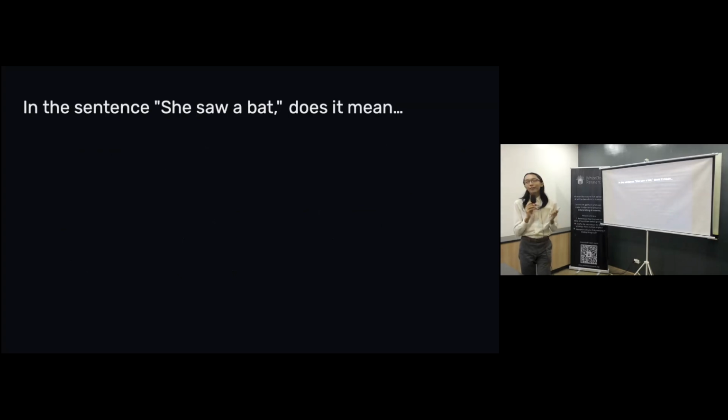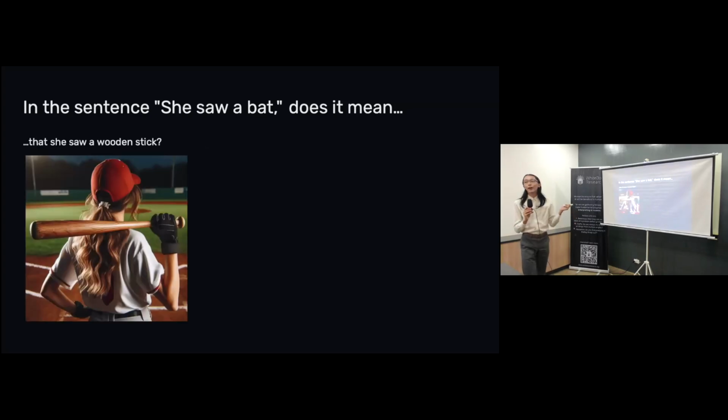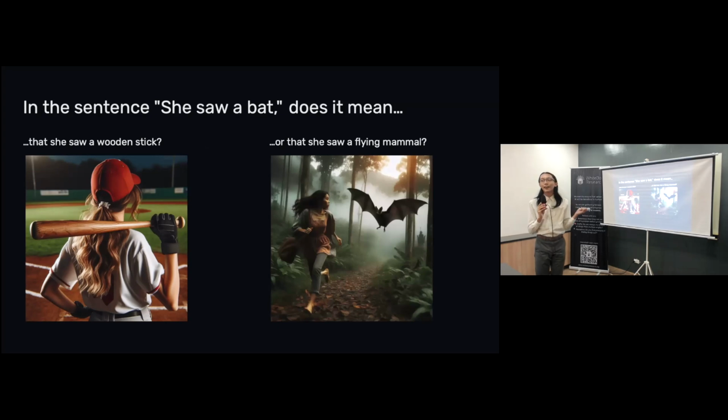Right. So now let's consider bats. In the sentence, she saw a bat, what does that mean? Does it mean that she saw a wooden stick, or does it mean that she saw a flying mammal? There's no way to find out because here you have the advantage of being able to hear me, but in this case, the pronunciation is the same.